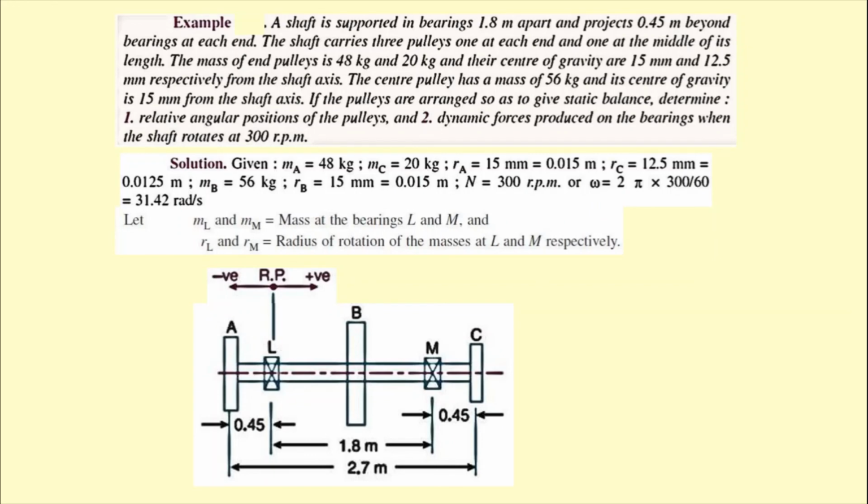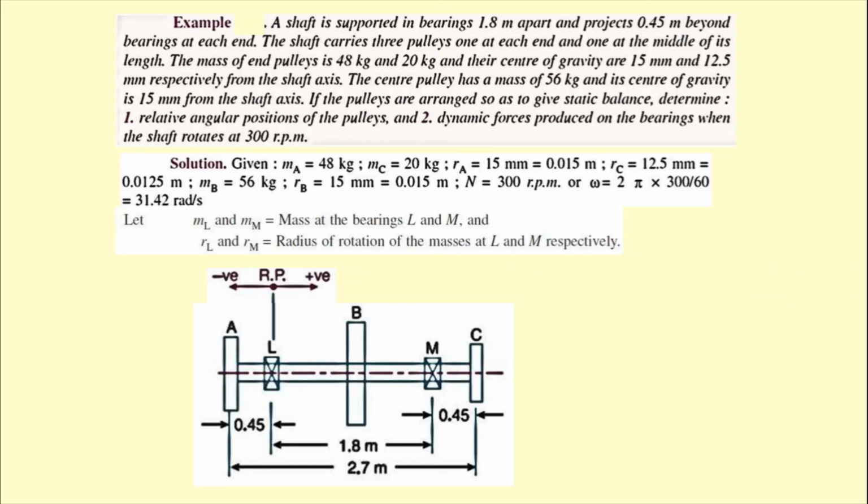Now another problem that is also very important is the case of a shaft with bearings. Over here, a shaft is supported in bearings 1.8 meter apart and projects 0.45 meter beyond the bearings at each end. The shaft carries 3 pulleys, one at each end and one at the middle of its length.